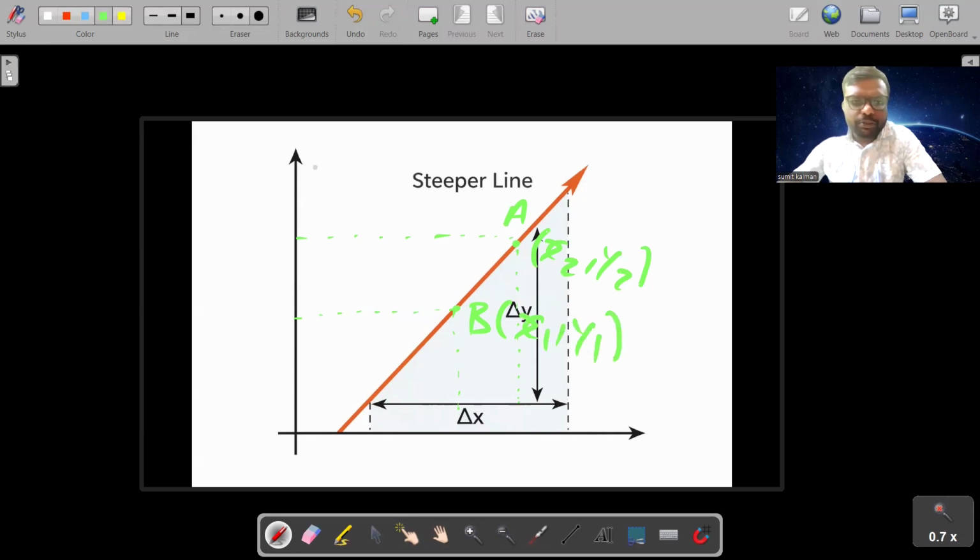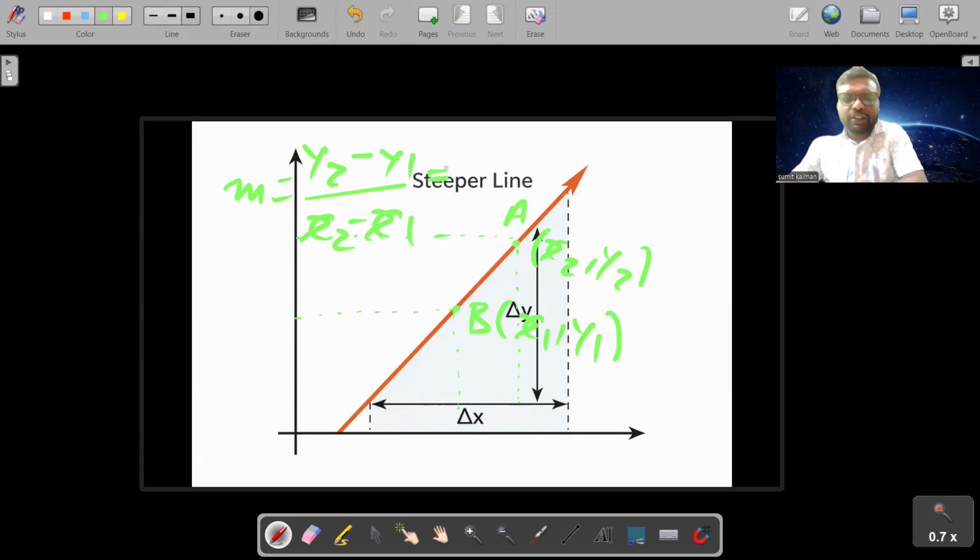Then we define slope m is equal to y2 minus y1 upon x2 minus x1. This y2 minus y1 means change in y, and we can write it as delta y, and this x2 minus x1 is change in x, we can write it as delta x.